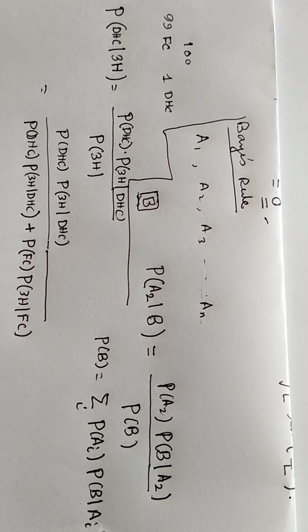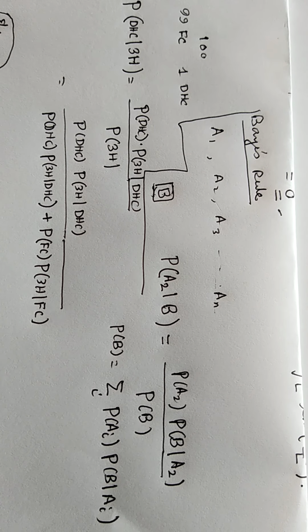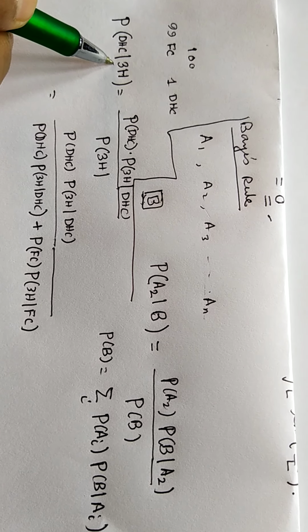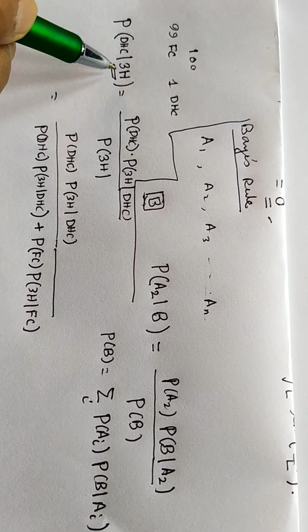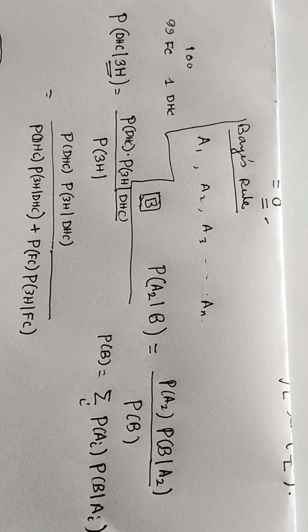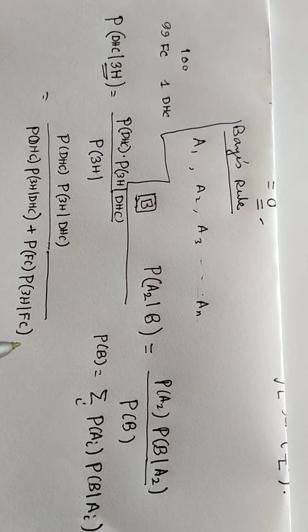So this is the total probability, that is the probability that 3 heads appear, and then what is the probability that you had drawn the double-headed coin.